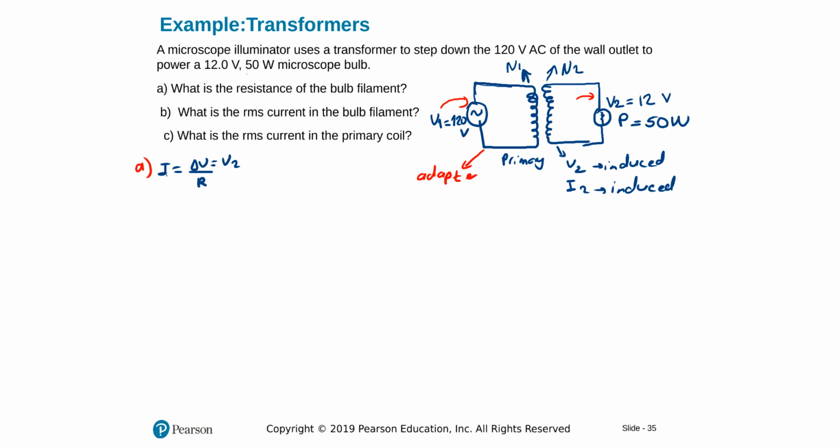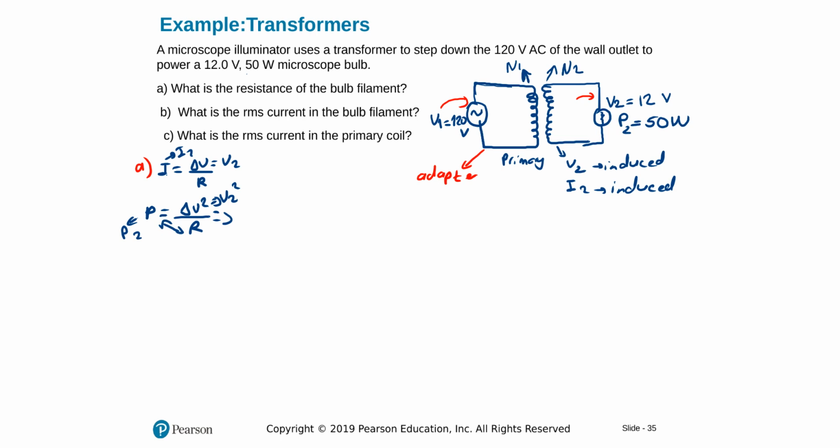That would be my V2, that would be my I2. But I don't know I2, so I can't go with this. But I know power, and I know the potential difference. Power is equal to delta V squared over R. I know delta V will be V2, so this will be V2 squared, and I know power. That would be actually P2. So from here I can solve for resistance.